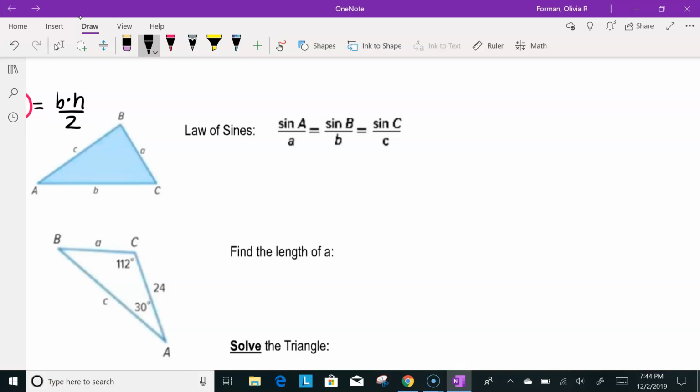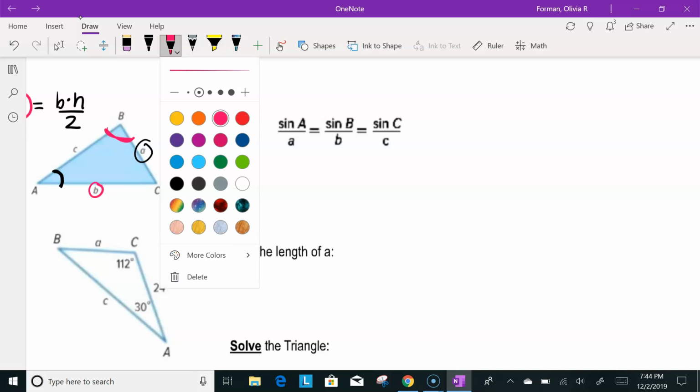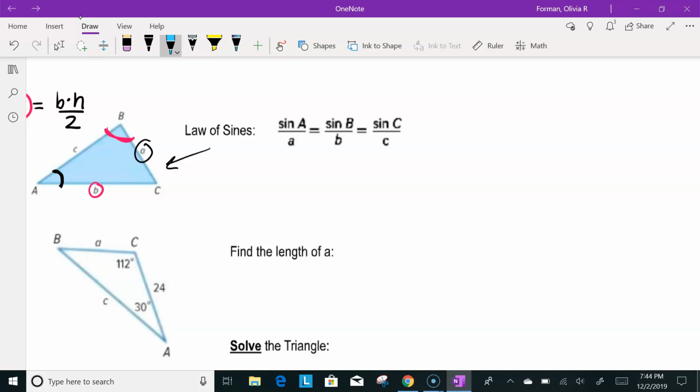So you just end up with all of this relationship right here, and it follows this picture over here. So if you take the sine of that angle divided by this side, that's equal to the sine of this divided by that side, and then you also have this one right here divided by this one. They would all be equal to each other.